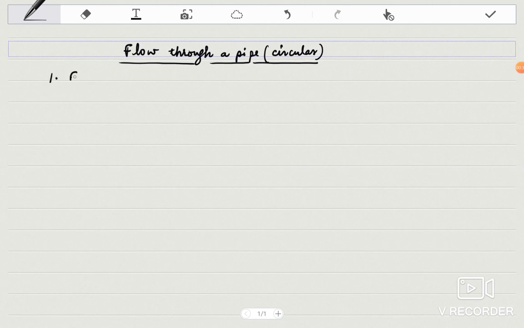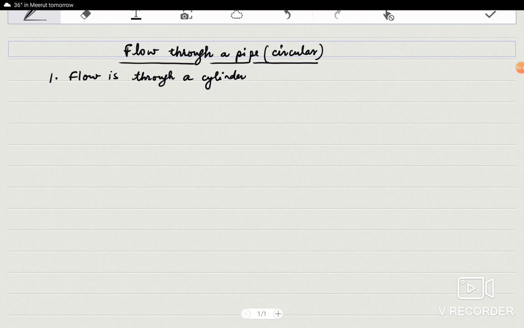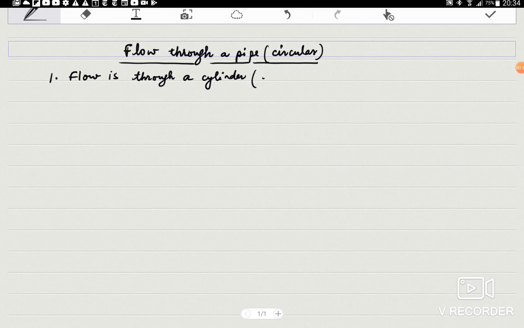Number one, when the flow is through a cylinder, and it is in axial direction.